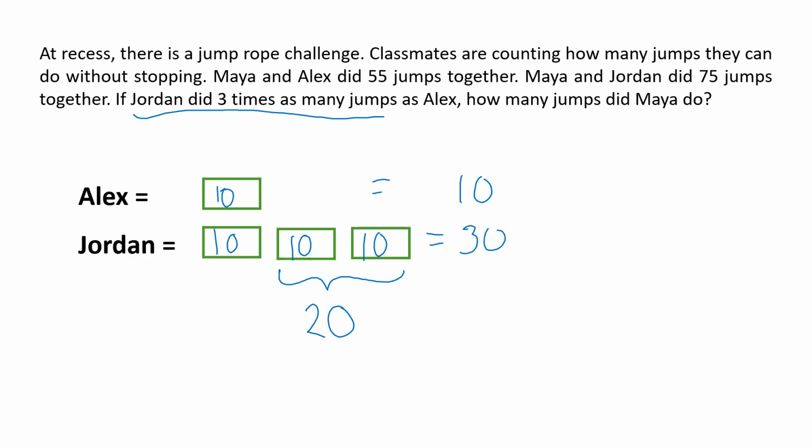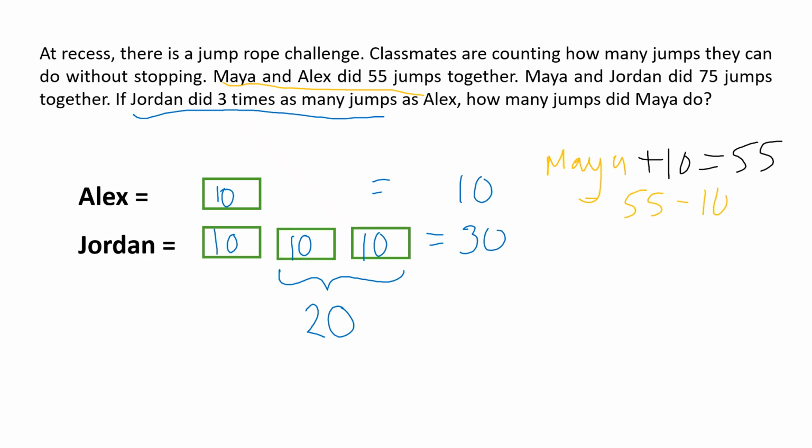Okay, so now we can go back to the question it's asking: how many jumps did Maya do? Great, we know Alex and Jordan now, we just have to find Maya's. We can use any of these equations, right? We know that Maya and Alex did 55 jumps together, so Maya plus Alex's 10 should give us 55. Therefore, Maya has to have 45 jumps because you do 55 minus 10.